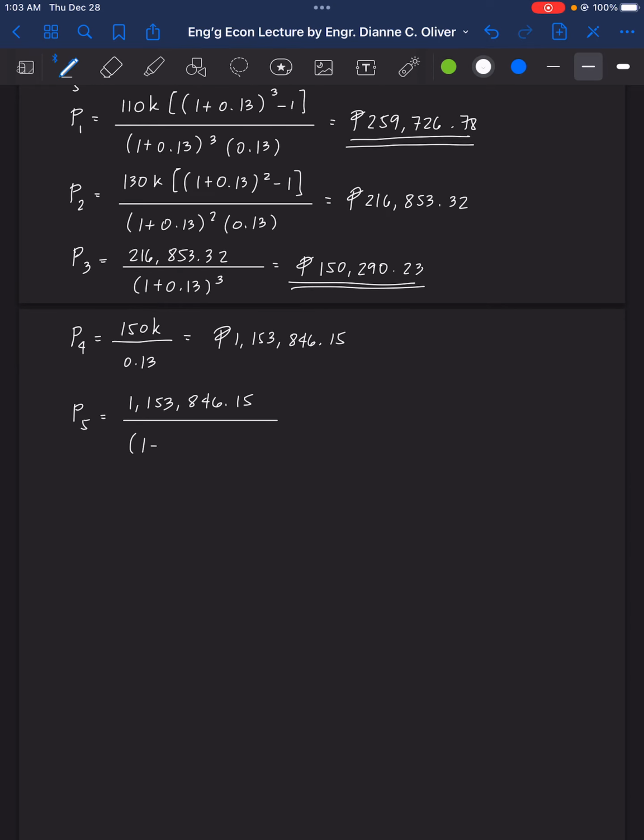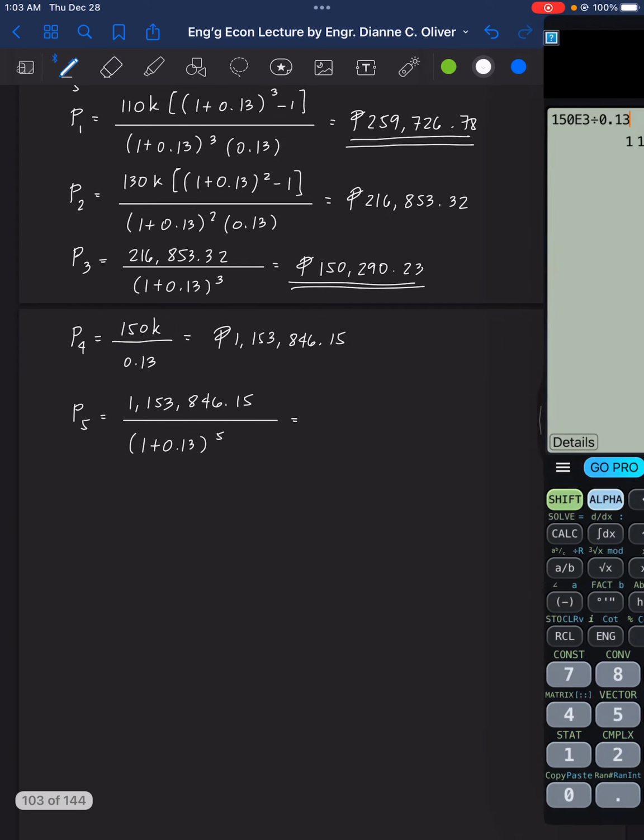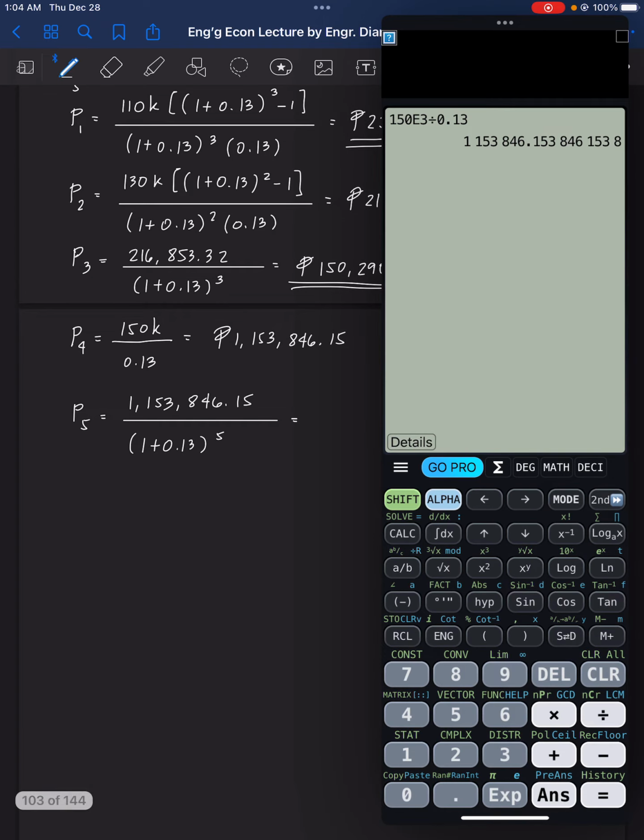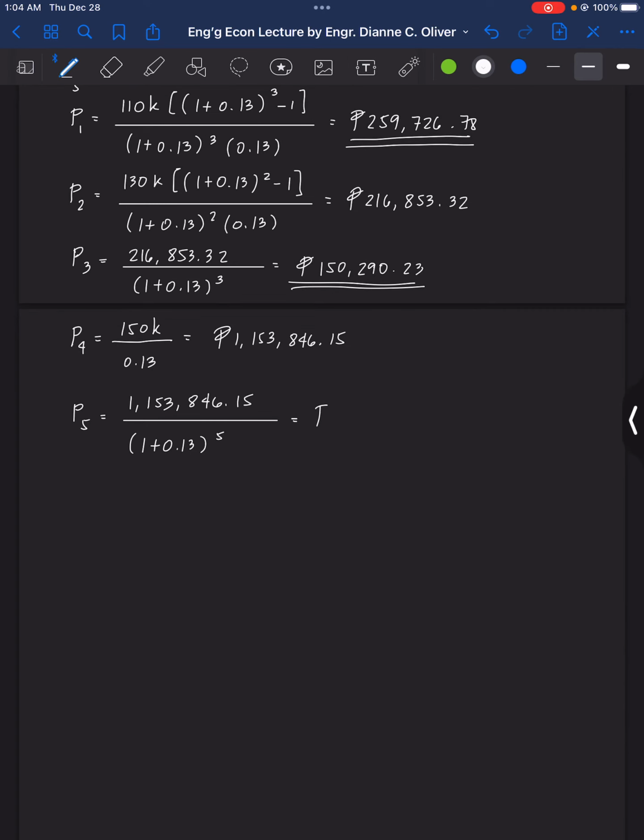So 1 plus 0.13 raised to 5. So 1.13 raised to 5. So that is 626,261.46.